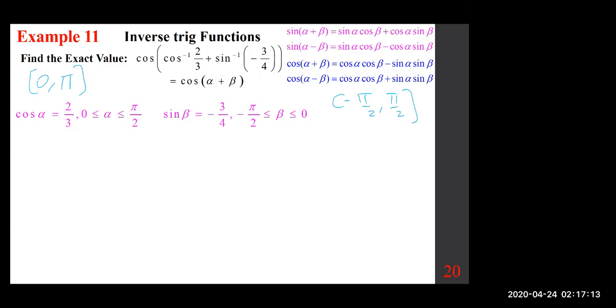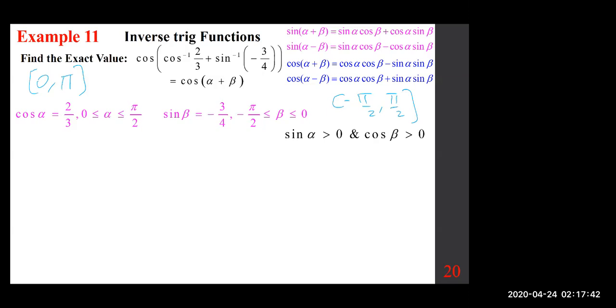So you need cosine alpha, you have it. You need to find cosine beta, you don't have it, and the rest of them. So you can use Pythagorean identities, you can use the circle, it is absolutely up to you. So sine alpha is positive and cosine beta is positive.